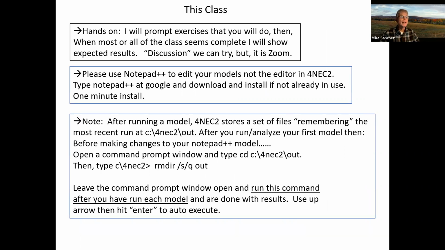Okay, the format is I'm going to set up some exercises. I'll prompt them, and I already have them done. I have a file that works perfectly the way I want it to work, and I'm going to give you an outline of that file, and I will want you to populate the Fortran cards in a file of your own, and then run that text file with 4NEC2.